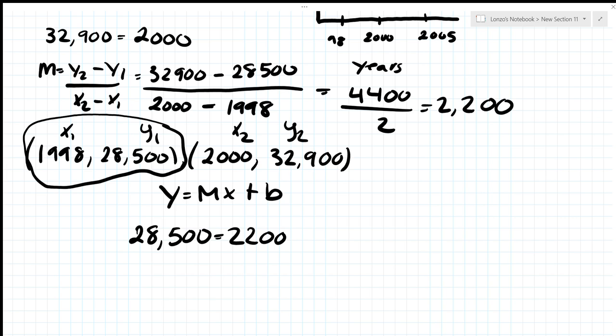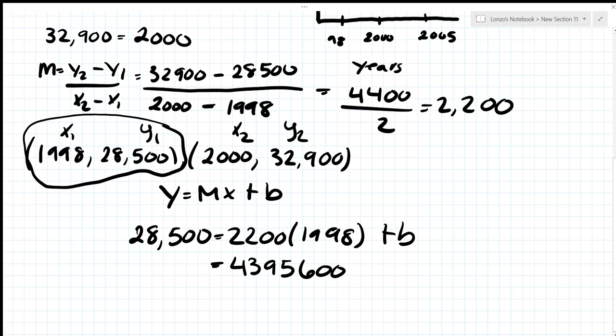What is my x? Our x is 1998, so times it by 1998 plus b. When you do the calculation of this one, you're going to get a really big number, 4,395,600. And then this is going to be 28,500 plus b.